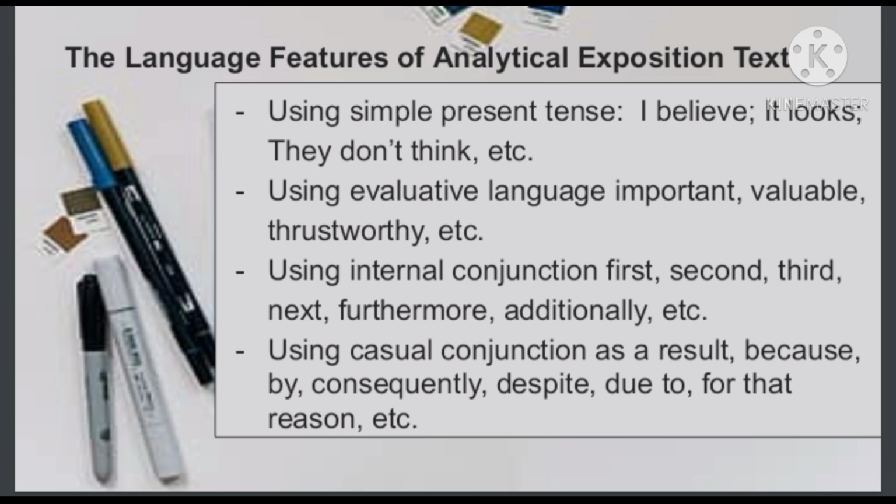And the last language feature of analytical exposition text is use of causal conjunctions. For example, as a result, because, by, consequently, despite, due to, for that reason, etc.